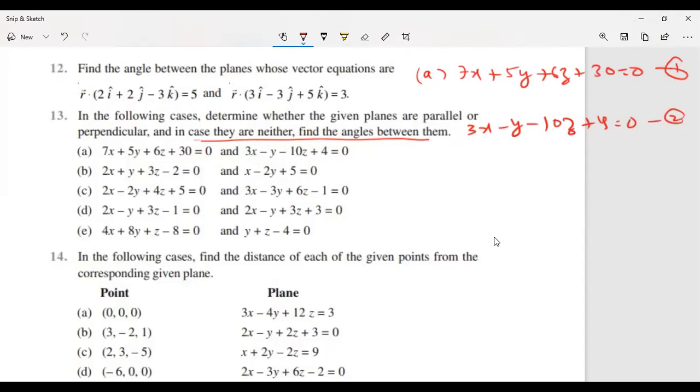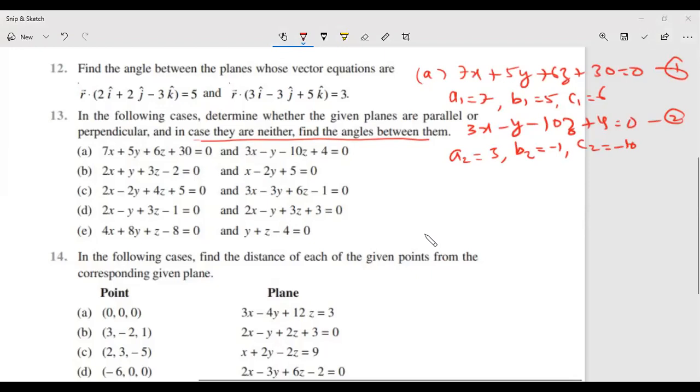And what are a1, b1, c1? Here a1 is equal to 7, b1 is equal to 5, c1 is equal to 6. Okay, no need of d. a2 is 3, b2 is equal to -1 and c2 is equal to -10. Now we have to check whether they are parallel or perpendicular.